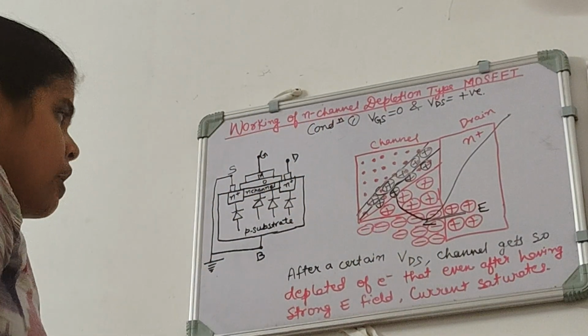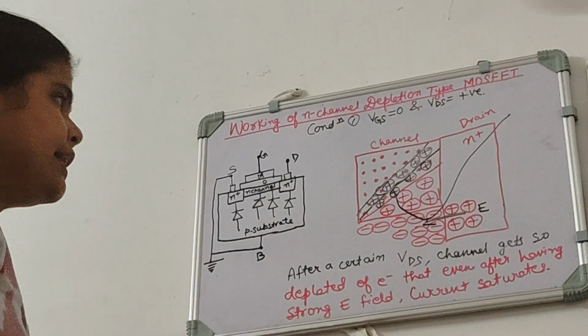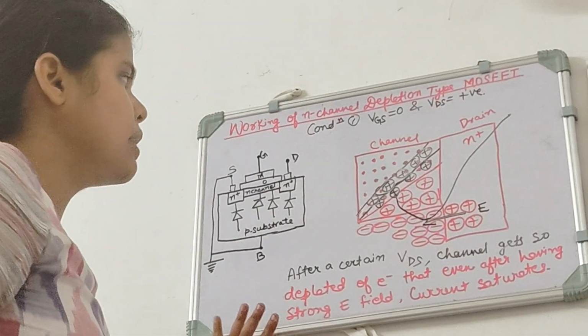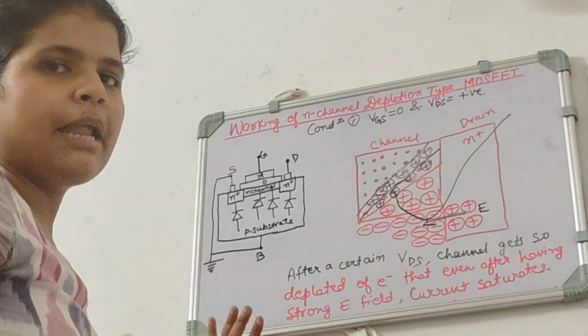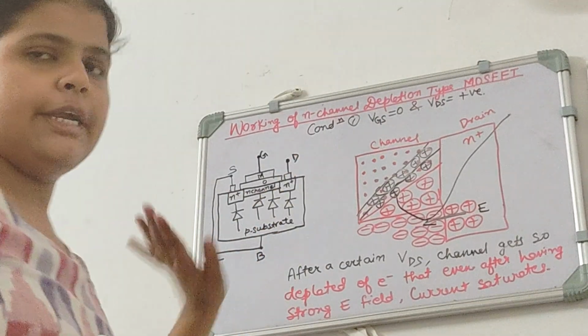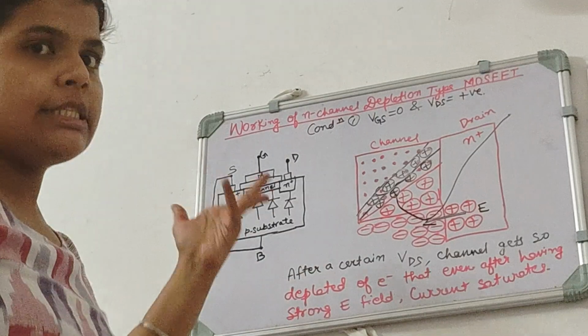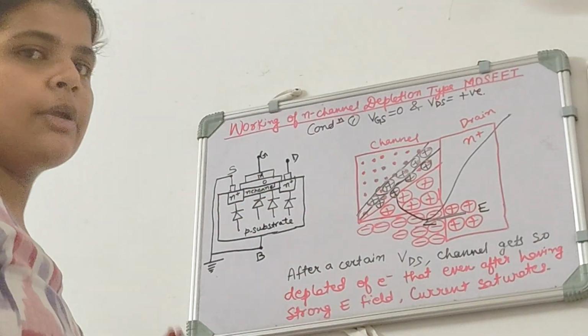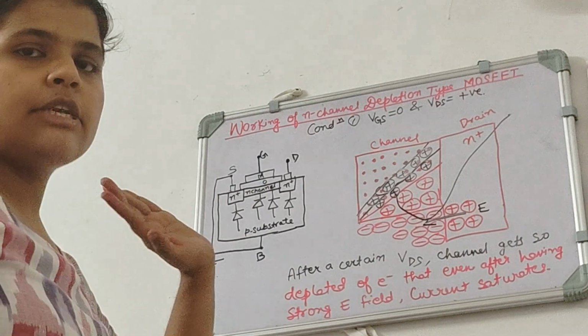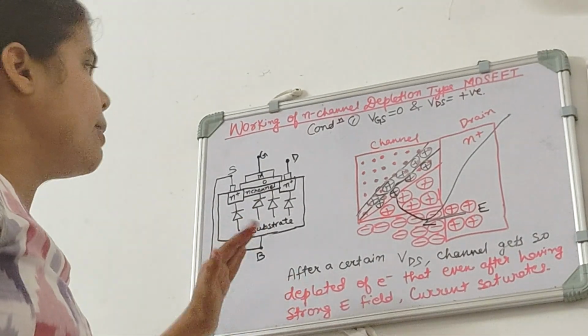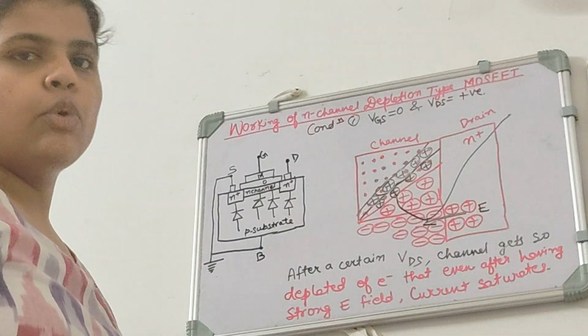That means when we apply VDS, there is some current. When we increase the value of VDS, our current increases. When we increase VDS even more, our current increases even more.